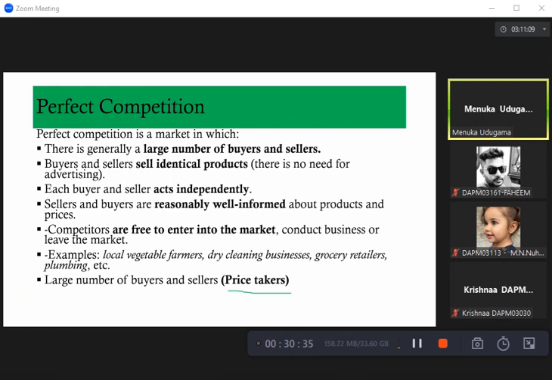There are so many sellers in the industry that nobody can decide. I mean, you can decide, but if you vary the price, then you will have to suffer consequences and you will not get the same profits, because in this type of market, you cannot make abnormal or supernormal profits. So in perfect competition, the industry decides as a group that you will have to sell your product at the same price.